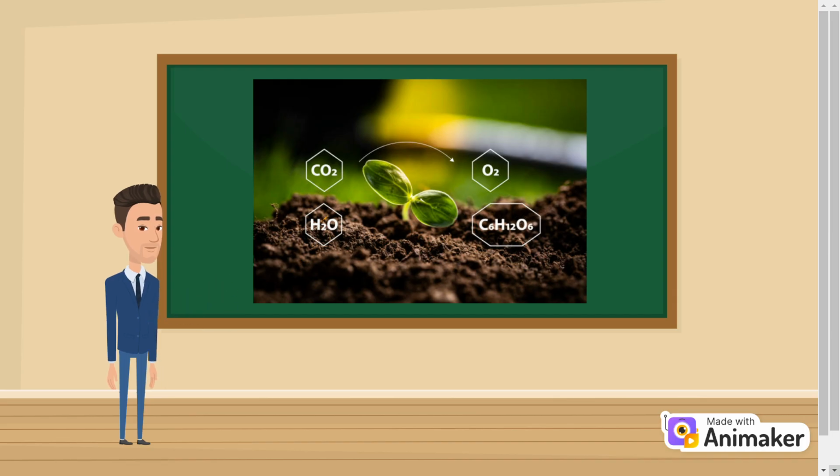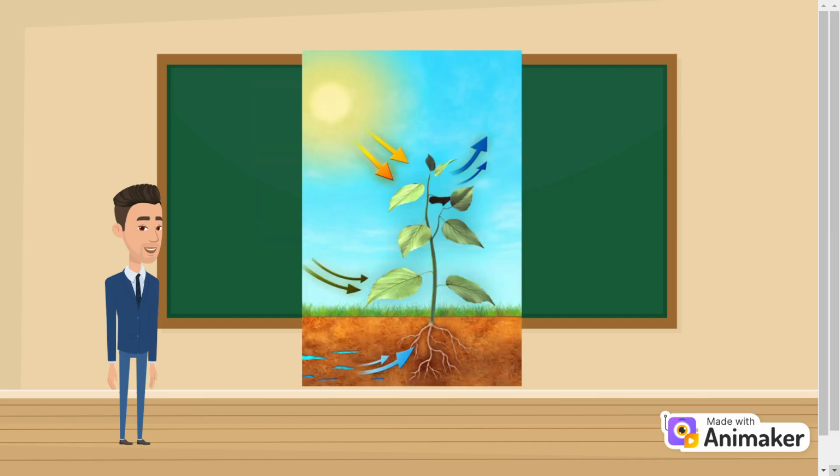Sunlight provides energy, chlorophyll absorbs sunlight, carbon dioxide from the air enters the plant through tiny pores in the leaves called stomata. Water is absorbed by the roots and moves to the leaves through the xylem. With the help of sunlight, plants convert carbon dioxide and water into glucose, food, and release oxygen as a byproduct.